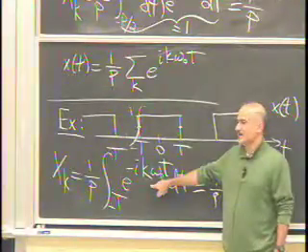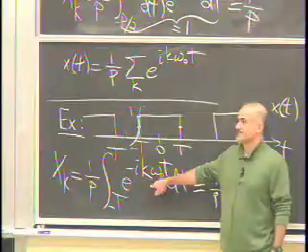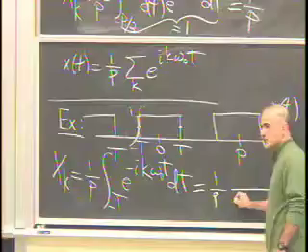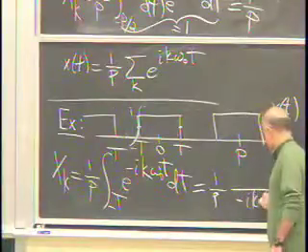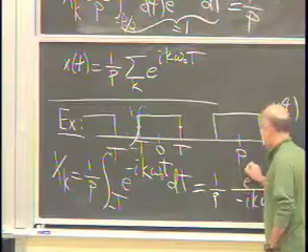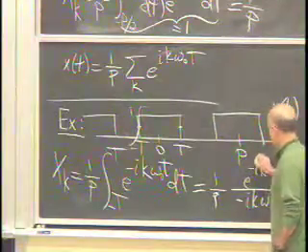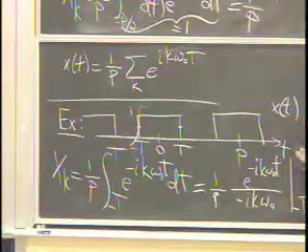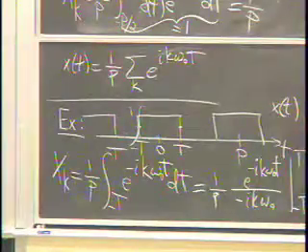Integrate. What do you get? E to the alpha t over alpha. What's alpha here? Negative k omega naught. And you've got e to the minus I k omega naught t, negative t to t. So what do you have now?